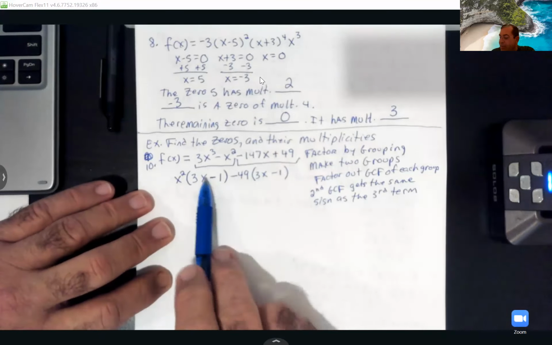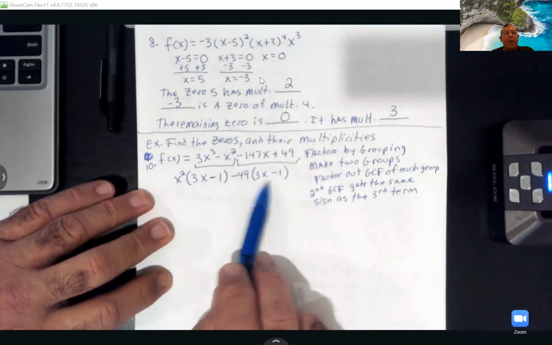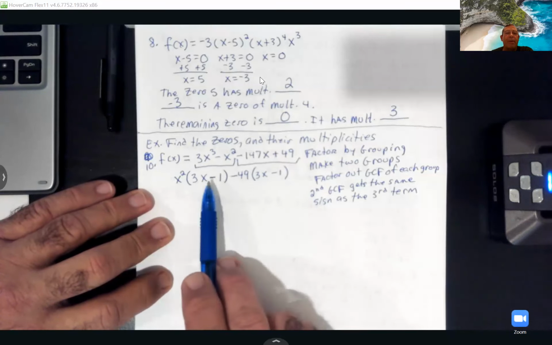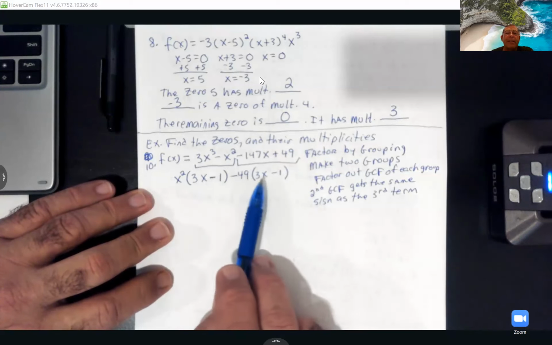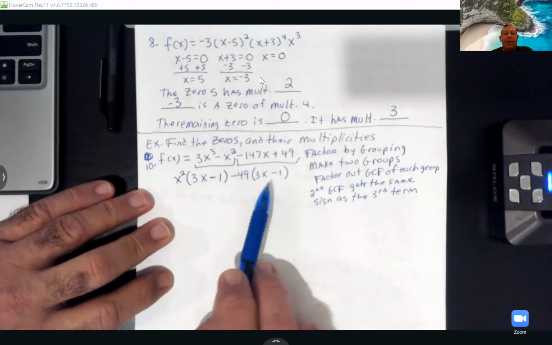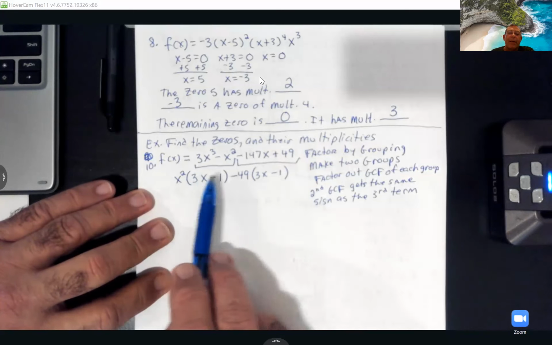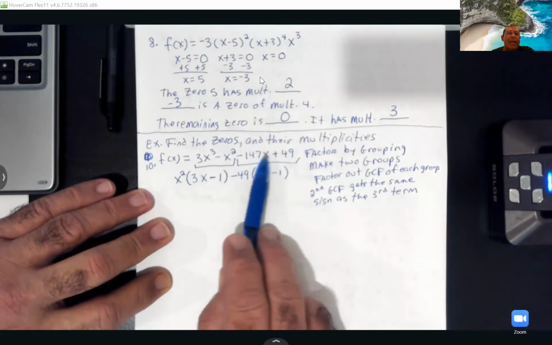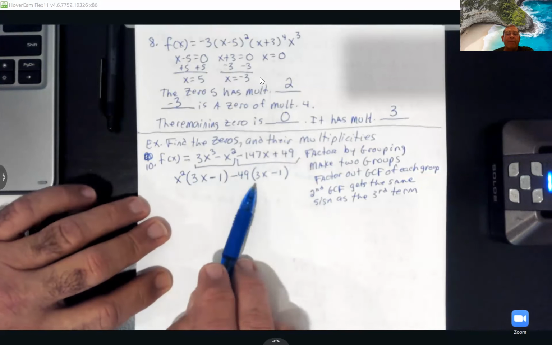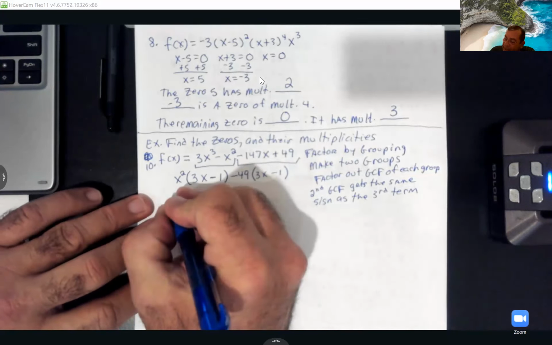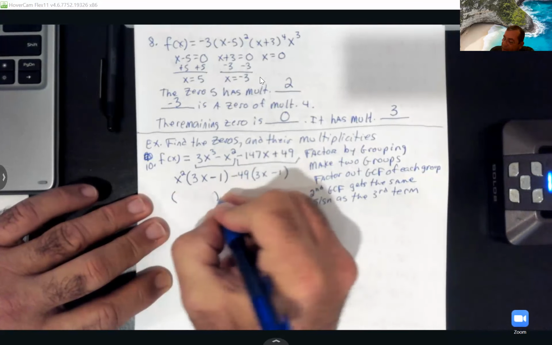Y'all, what do y'all notice about these two things? Well, these parentheses match up. At this point, your parentheses gotta match up. So if you can get this one, it'll sort of guide you what you got to do here. So what happens then to finish factoring it?